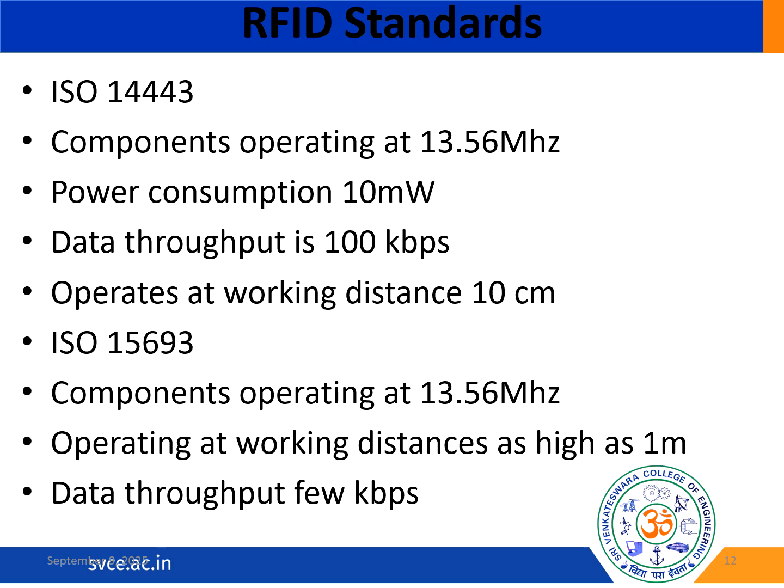It specifies a frequency of 13.56 megahertz, power consumption of approximately 10 millivolts, data throughput of 100 kbps, and a working distance limited to 10 centimeters. We have another component operating at 13.56 megahertz with operating distances as high as 1 meter and data throughput of a few kilobits per second.